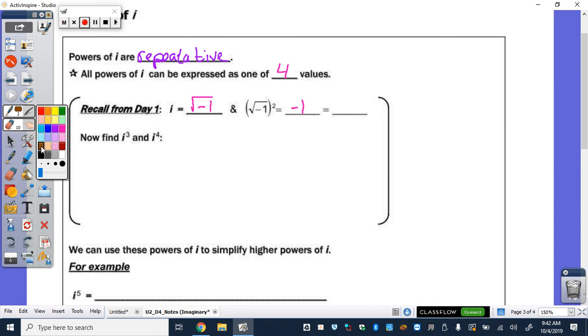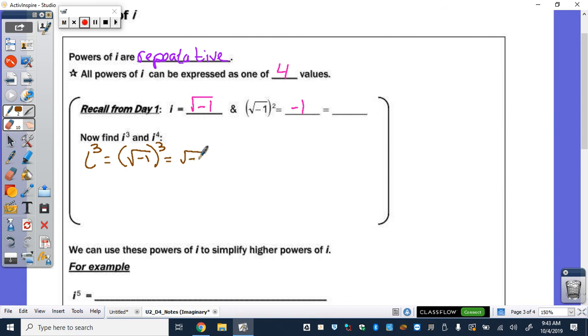So now let's figure out i to the third. i to the third is the same as the square root of negative 1 to the third, because again, i is the square root of negative 1.